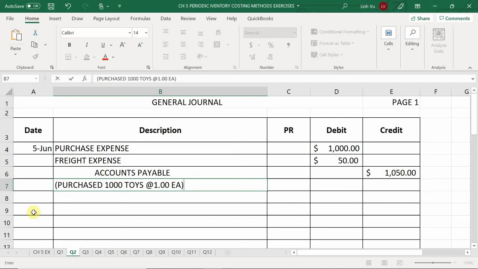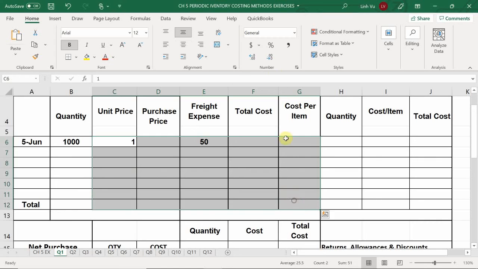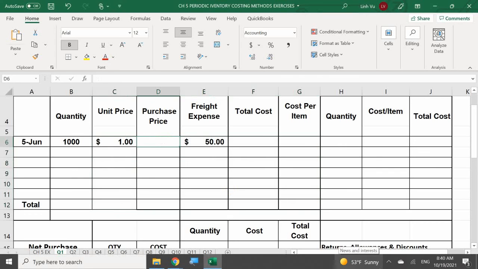So let's go ahead and plug that into our inventory worksheet. So here we have June 5th, 1,000 units at $1 with a freight of 50. Okay, so purchase price. What's the purchase price?